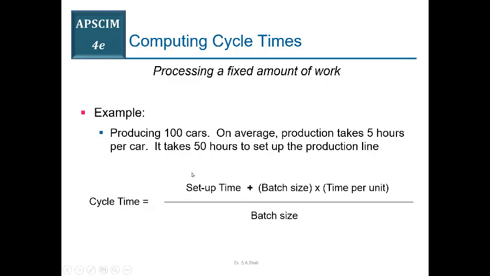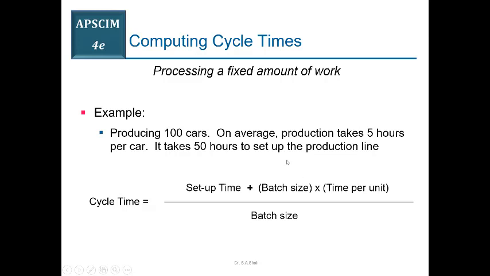So every machine, every workstation needs some setup time before the start of the production. So if that setup time is given in the problem, you will have to add that to the cycle time. And when you calculate cycle time normally, it is basically the total number of units multiplied by the time of each unit.